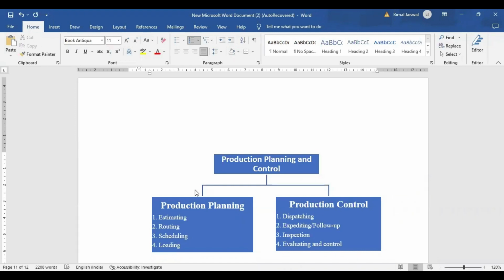And when the planning has been taken care of, automatically the control is also supposed to be kept in the limelight, so that any deviation in the production can be identified and rectified by production control.